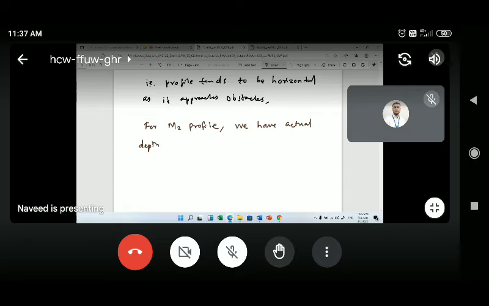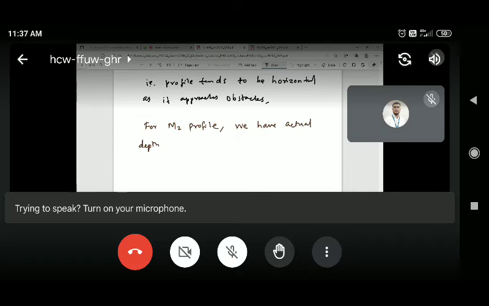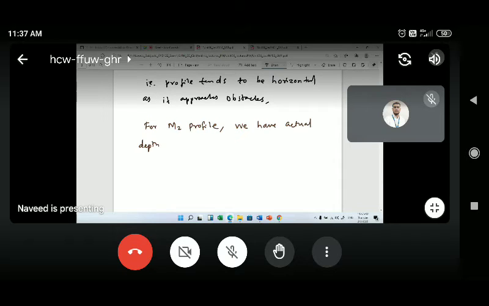So the actual depth will be less. It means that y is less than yn. In this case, we have actual depth y, and this actual depth y is less than yn, but it is above the critical depth. So I can write this first case, y is less than yn, and the second, y is greater than yc.